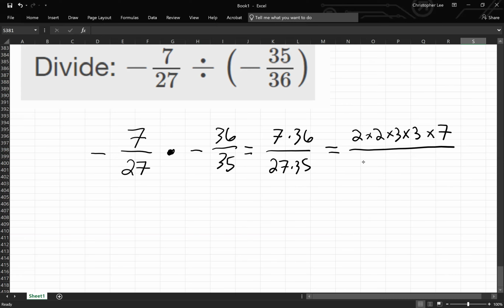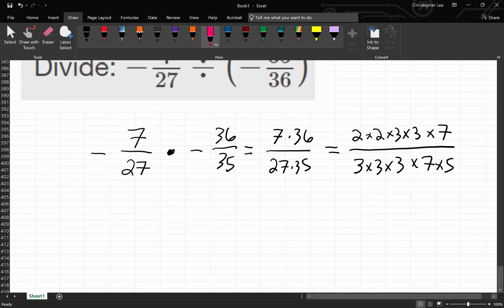27 is what? 9 times 3, right? So let's do 3 times 3 times 3. And 35, what's that? 7 times 5. Now here's the question, right? Which numbers are the same on the top and the bottom?